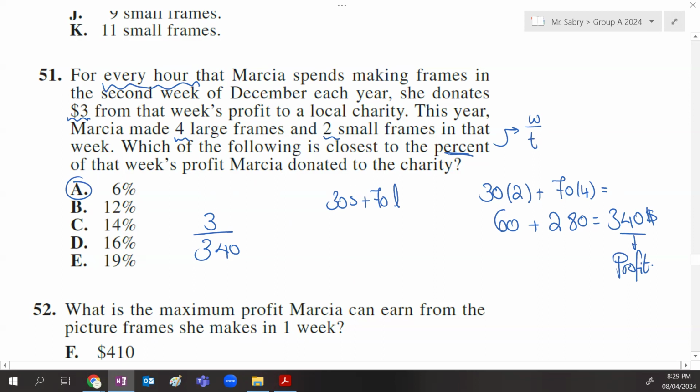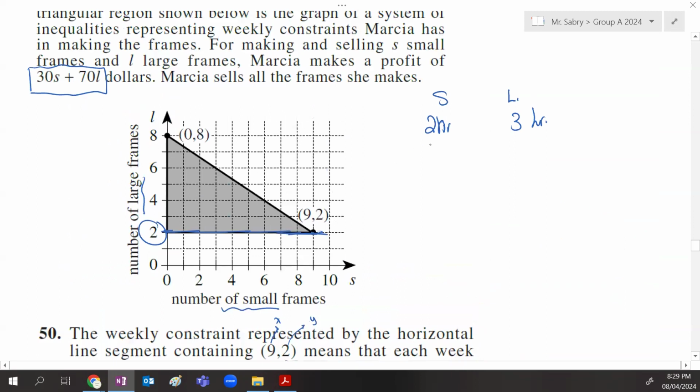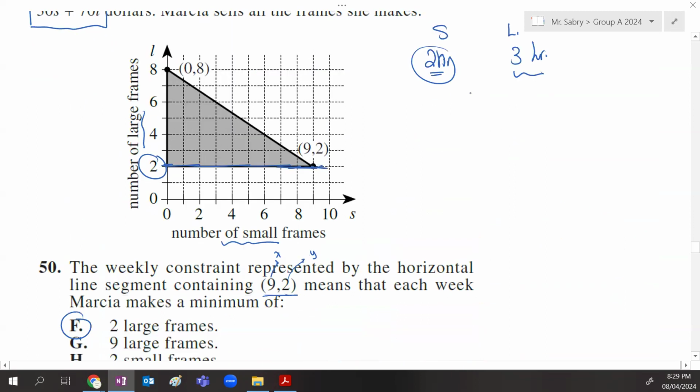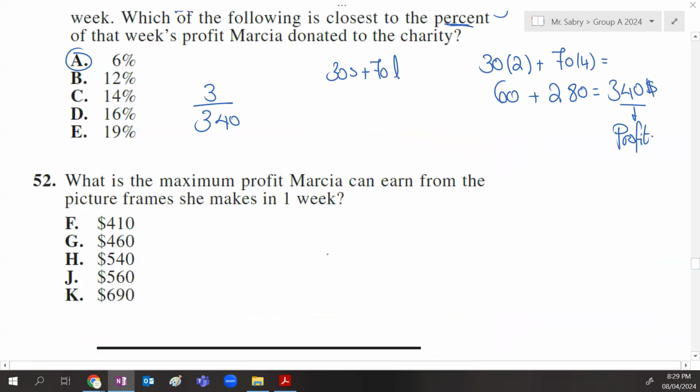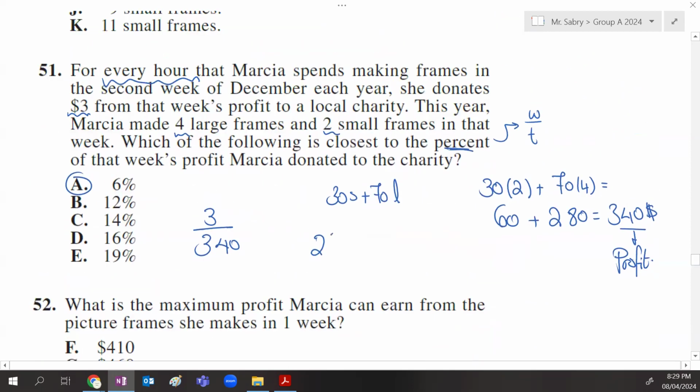Up there she told us that she takes 2 hours for every small frame and 3 hours for every large one, so I'm supposed to multiply here. 2 times the number of small frames, plus 3 times the number of large frames she created.